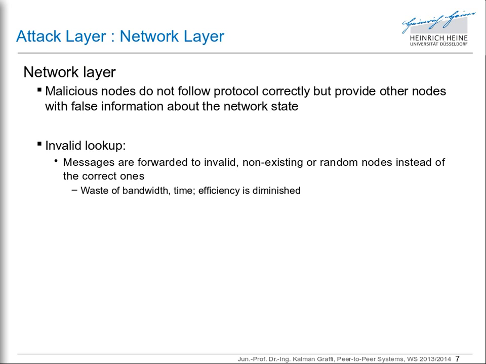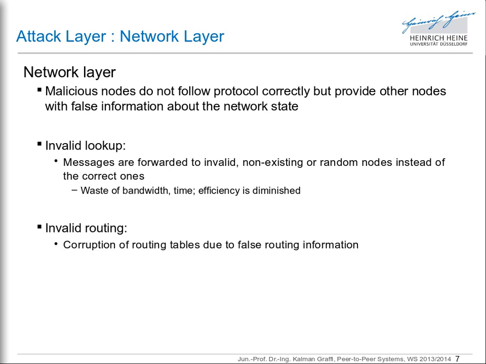Also, we could have invalid lookups. So messages are forwarded to invalid, non-existing or random nodes instead of the correct ones. Or they can even drop the message. This is a waste of bandwidth and time.